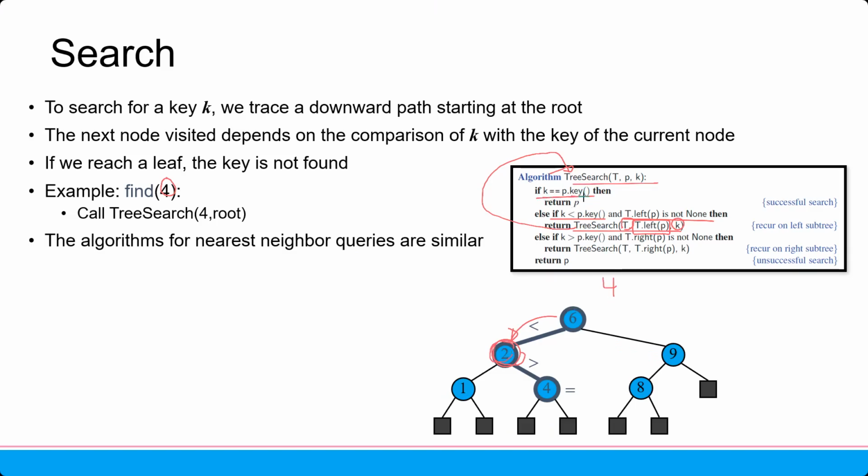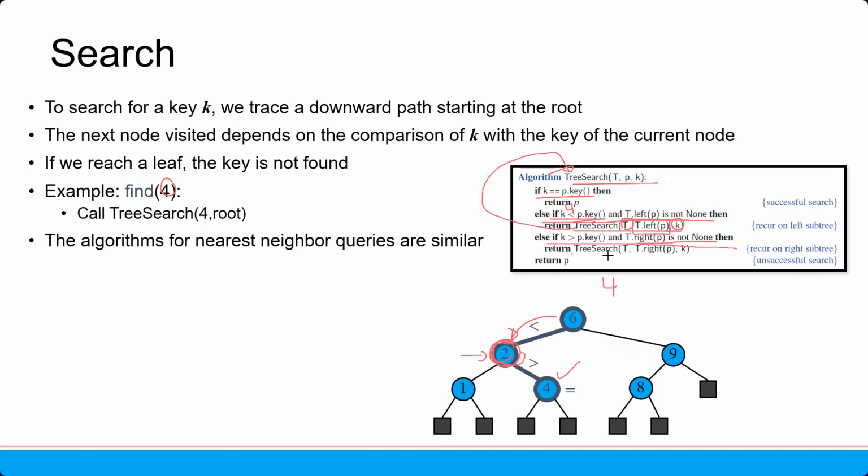Is 4 the same as 2? No. Then let's check this one: 4 is less than the P key. P key is 2, so is 4 less than 2? No. Then we go to this one: 4 is higher than P key, 4 is higher than 2? Yes. And T.right(P) is not null.